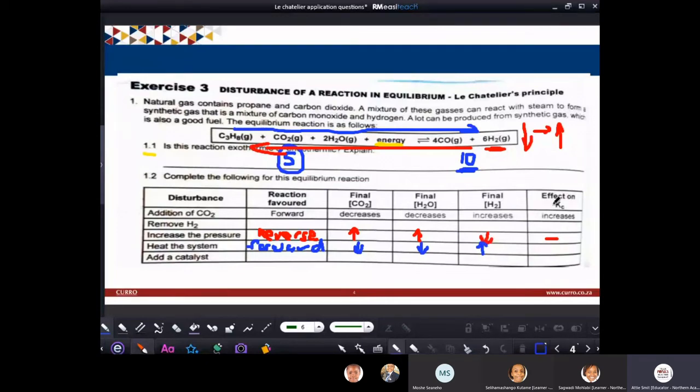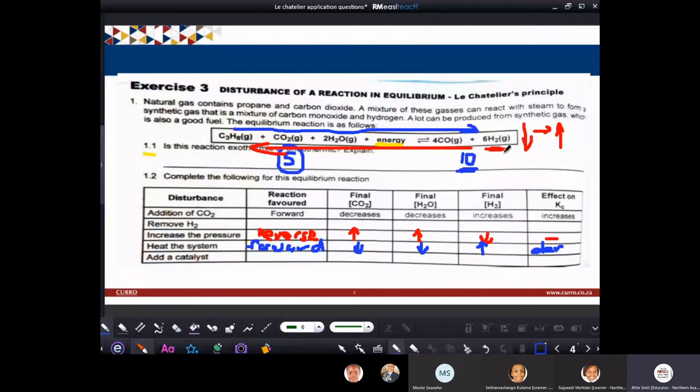Now, do we have an effect on the Kc? Yes, because temperature is the only factor that changes it. If there is a temperature increase, it means it's an endothermic reaction, so more products are formed and the Kc will decrease.